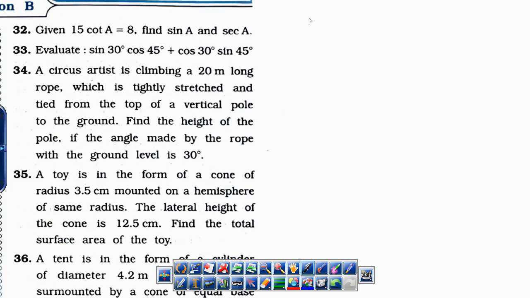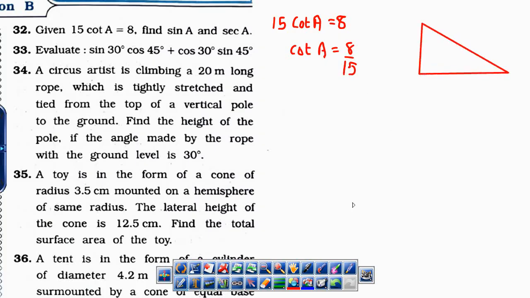Textbook sum. 15 cot A is equal to 8. 15 cot A is 8. Therefore cot A is 8 upon 15. Then you draw a right angle triangle. A is the reference angle. Therefore this is the reference angle which you will use.